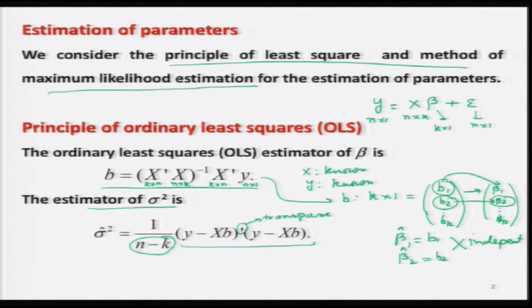Here n is the number of observations and k is the number of explanatory variables. Now you know y, x, b, n and k, so you can estimate this sigma square, and the estimated value will be indicated by sigma square hat.